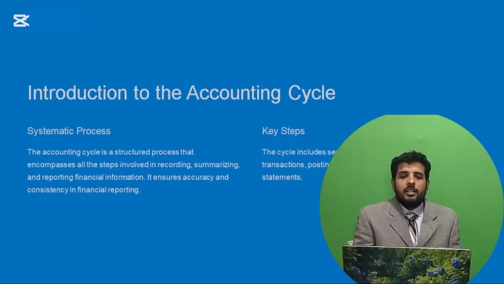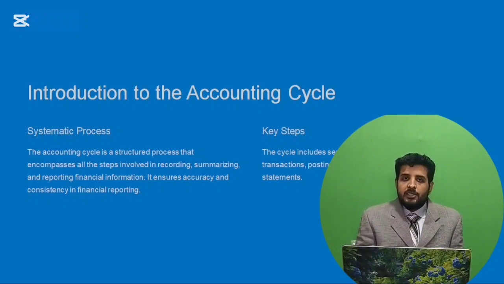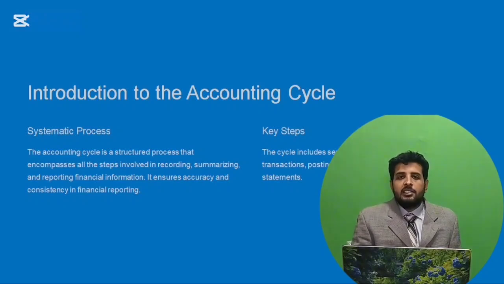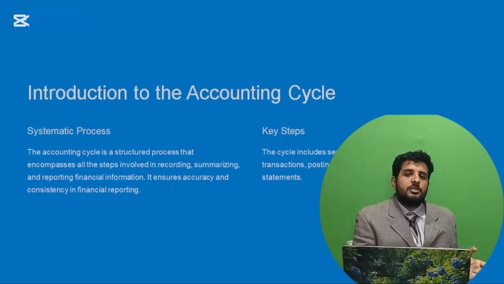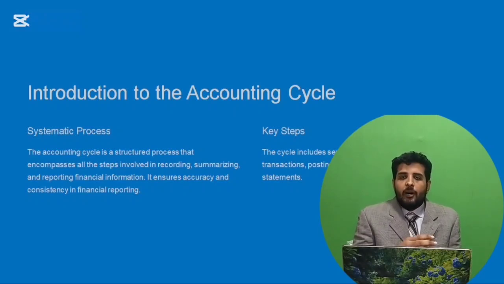From these, businesses prepare balance sheets, income statements, cash flow statements, and other financial statements. Then after making financial statements, we perform the closing entries. It means finalizing the temporary accounts for a particular period of time. So this cycle ensures accuracy, accountability, and transparency in financial reporting.